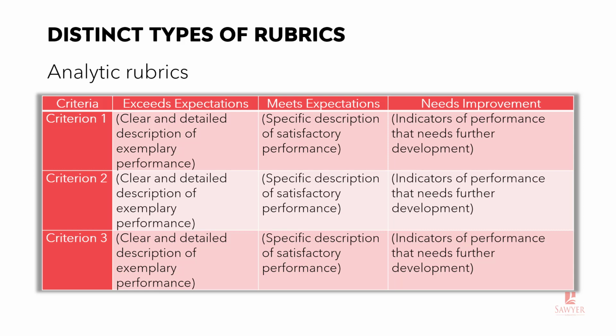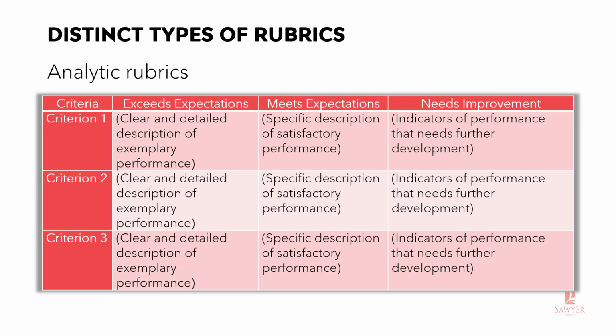With the analytic rubric, we have the criteria, and usually the criteria always go on the left, as you look at the paper or the screen. Your standards of excellence go across the top. And then your descriptors for how you meet those standards of excellence go in the rest of the table.